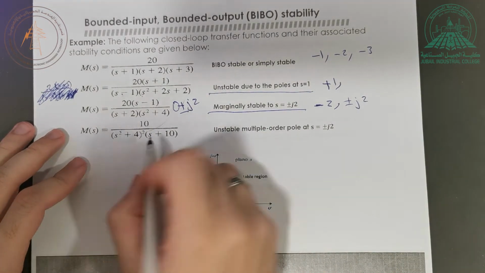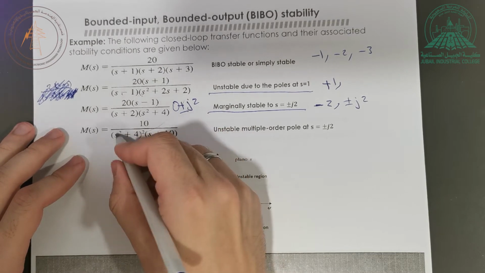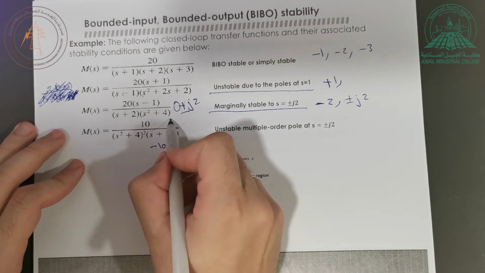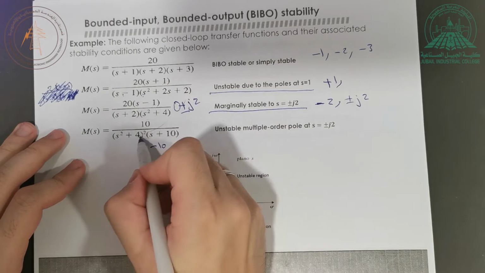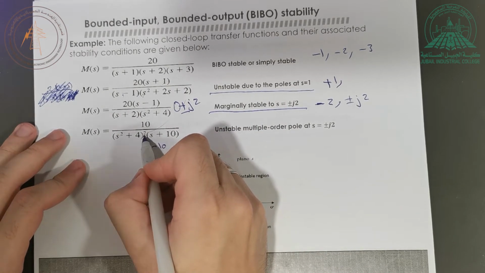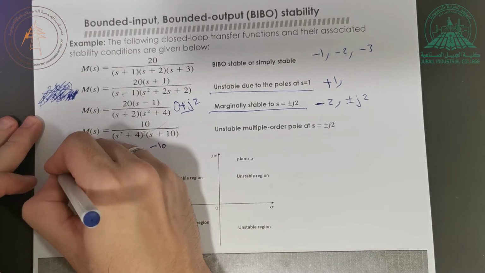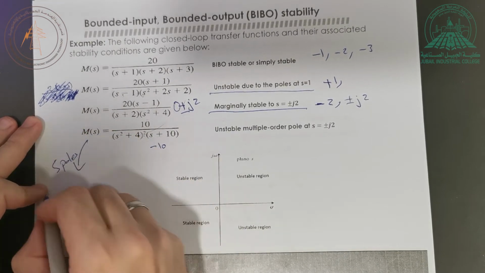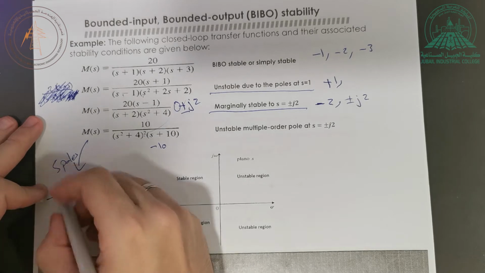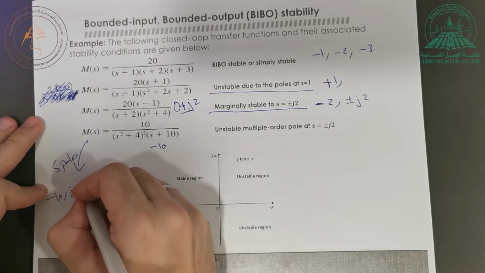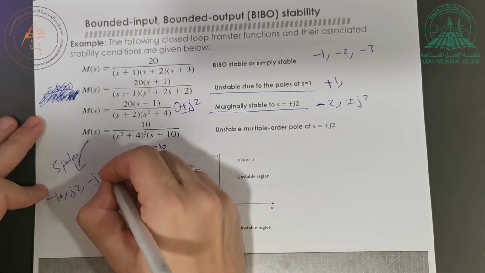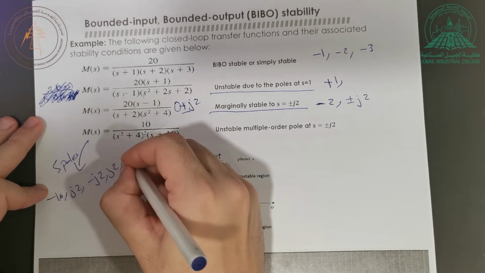Now this is similar. Here I have a pole at -10, and this term, plus minus j omega 2, is actually repeated here. I have a square. How many poles do I have in this system? I actually have 5 poles: -10, j2, -j2, and then j2 again and -j2 again.